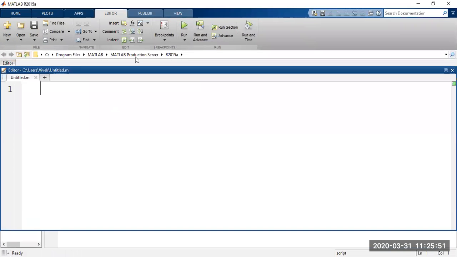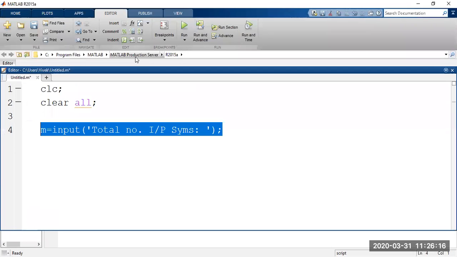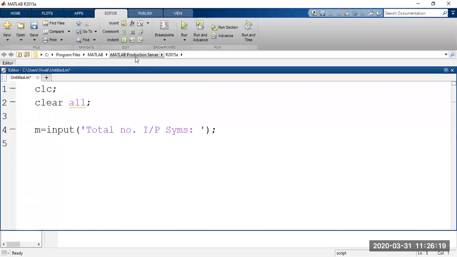So see, I'll just type the program. Start with clc, then clear all. Now the total number of input symbols will be 2, and then you can write n is equal to m because this is a binary symmetric channel, so the number of input symbols is 2 and the number of output symbols is 2.